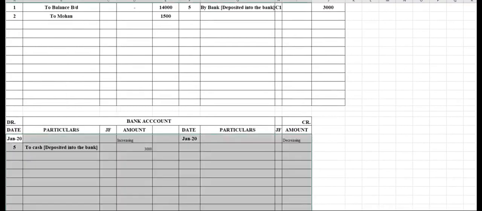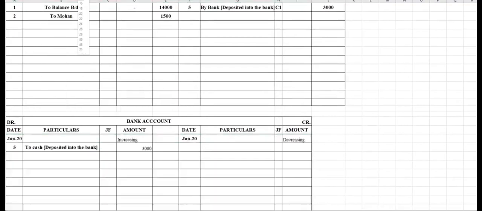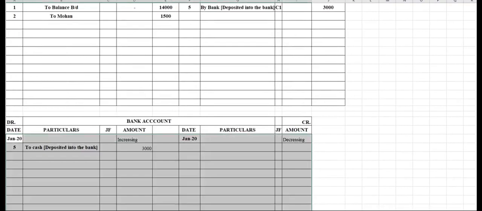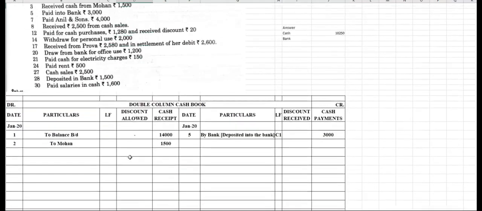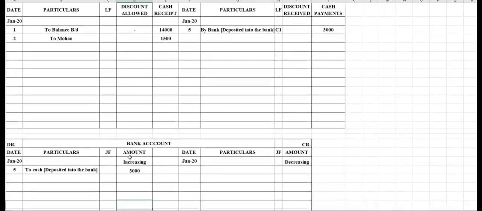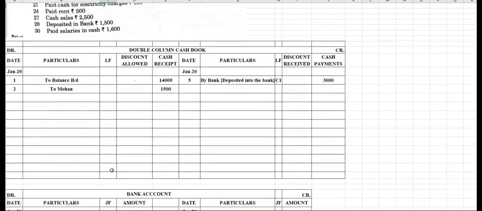Times New Roman, size 14, in middle column and bold. So you are able to see it now. Yes. So now this is a contra entry 1. Yes, that was a contra entry 1. C1, I will write it here. Okay, next.